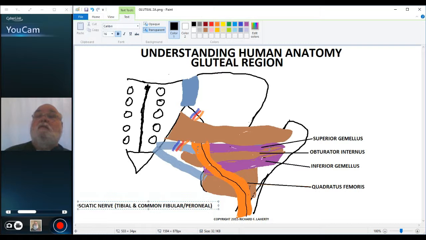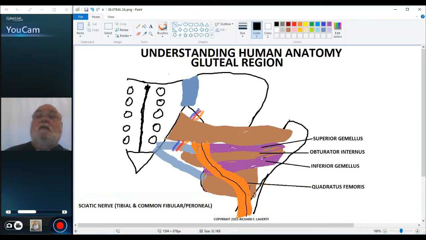So let me draw a line to the sciatic nerve, draw a line to the tibial component and to the common fibular or common peroneal component.